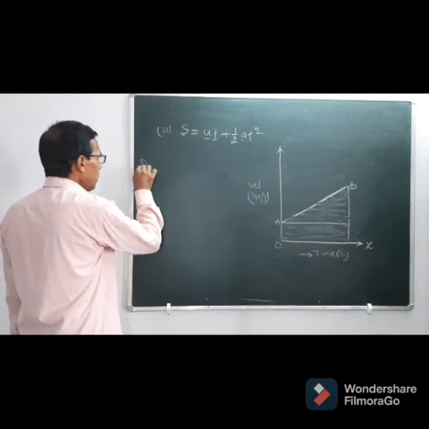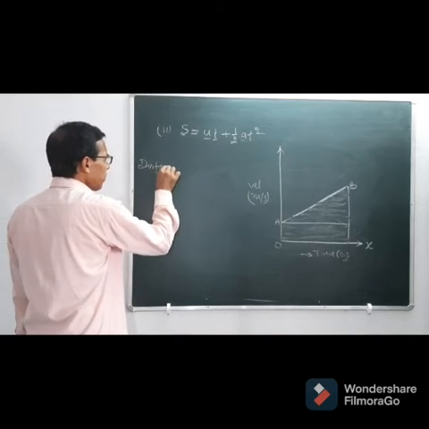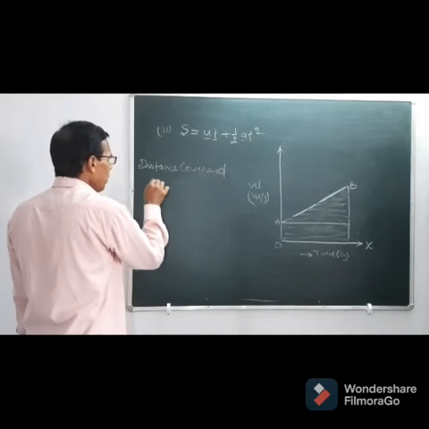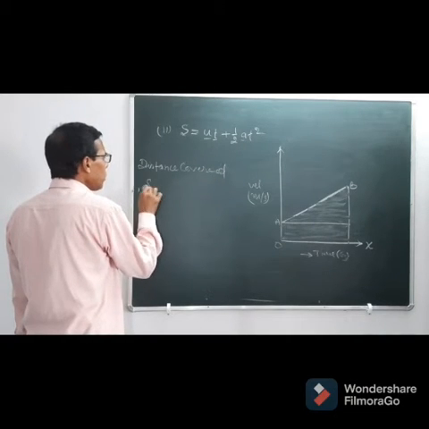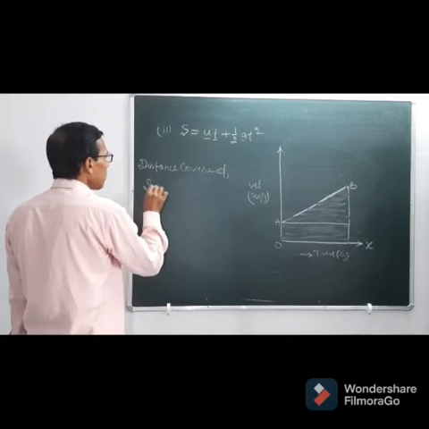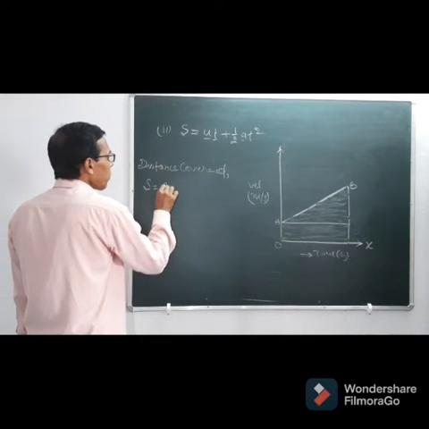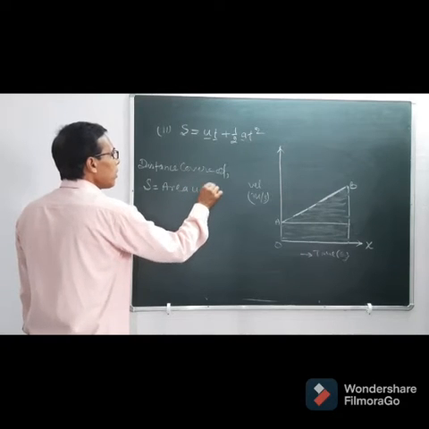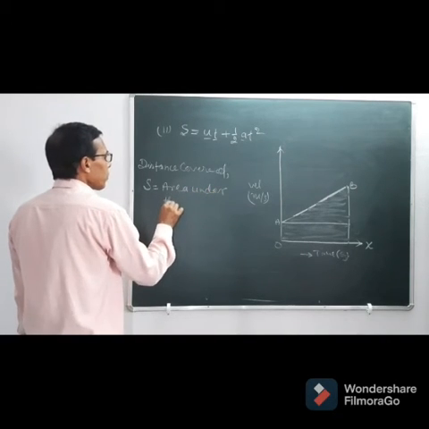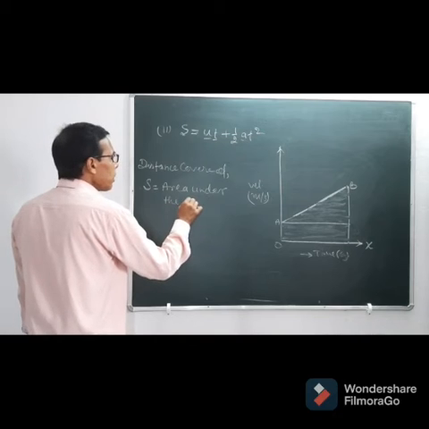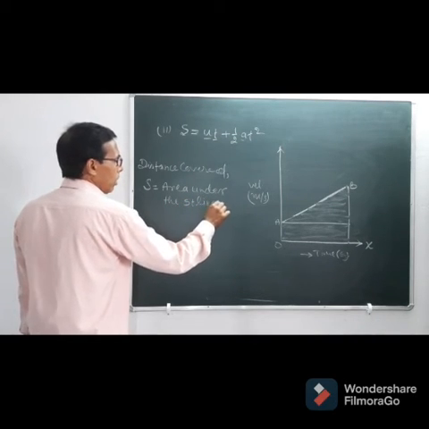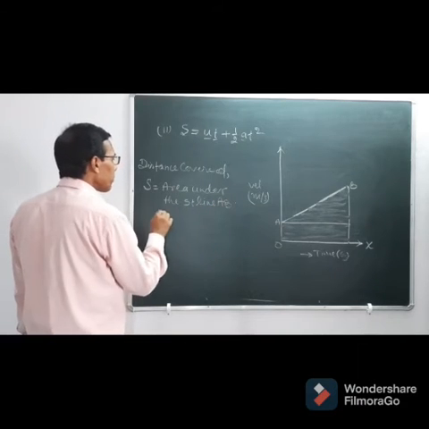So the formula is: distance covered, S, is equal to the area under the straight line AB.